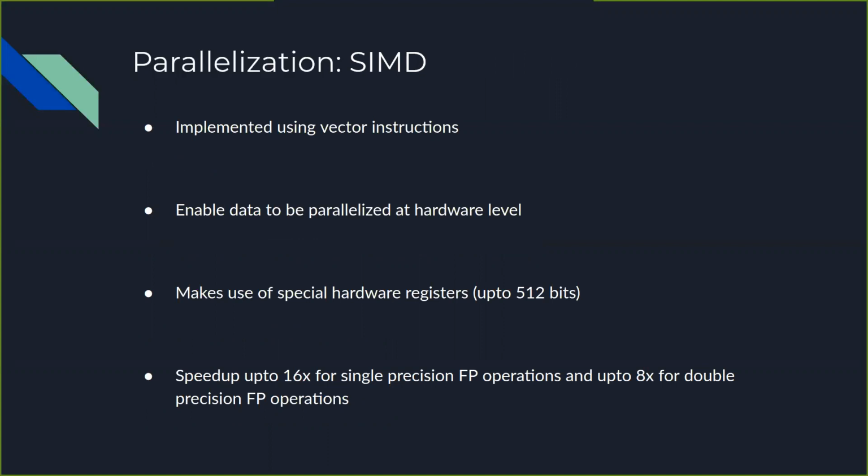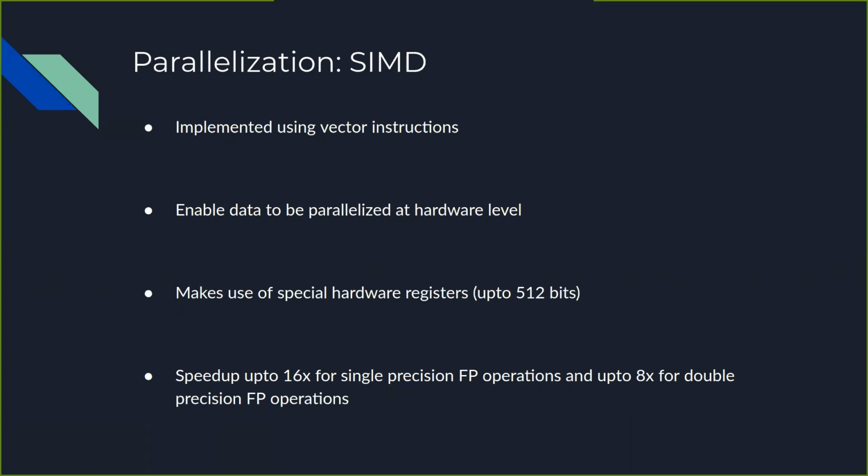Along with scalar operations, you have scalar registers which store normal values. You have vector registers which can be up to 512 bits long, and these are divided into blocks of say 32 or 64 bits depending on the architecture.